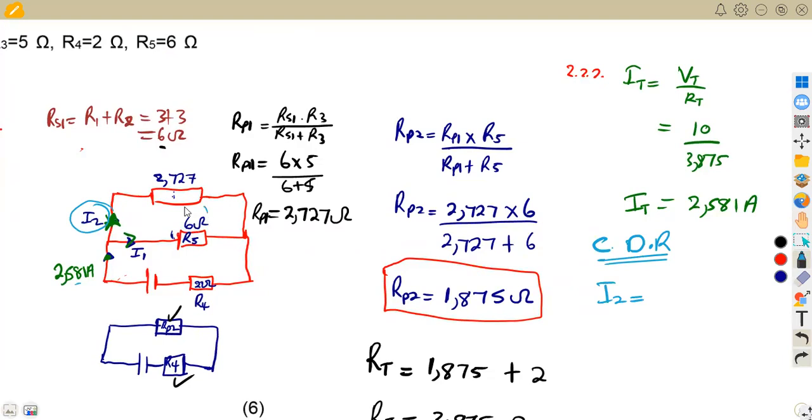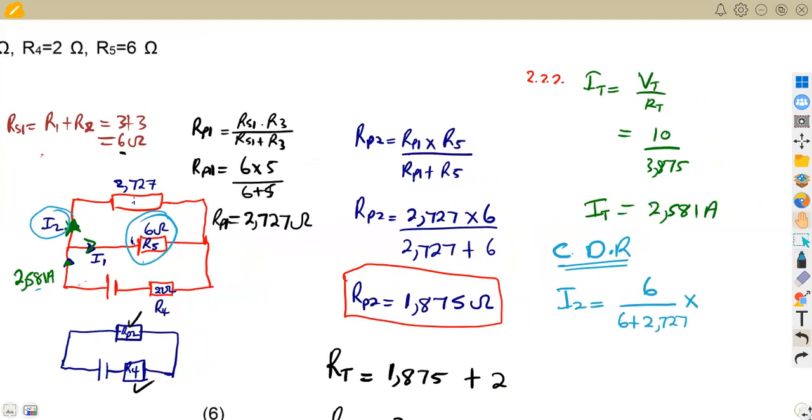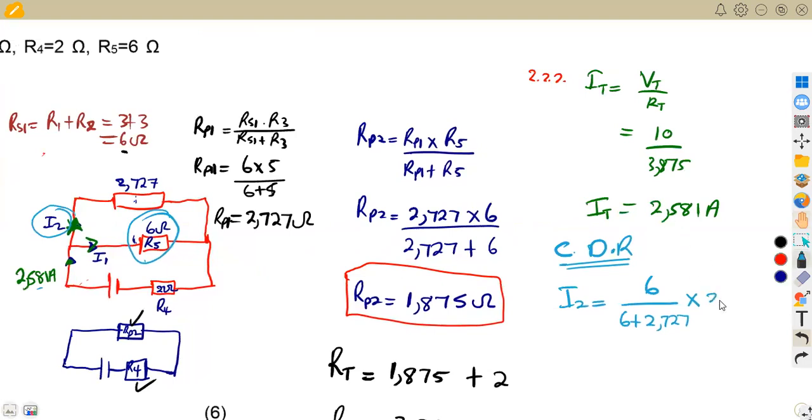So you use the opposite resistor on top, which is 6. So it is going to be 6 over the total of these two resistors, which is 6 plus 2.727. Then you multiply by the total current, 2.581. That's the current divider rule: the opposite resistor over the sum of the resistors, times the total current. Meaning if we wanted to calculate I1, you're going to use this one on top over the sum times the total current.